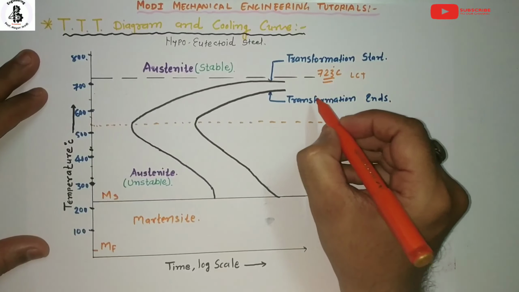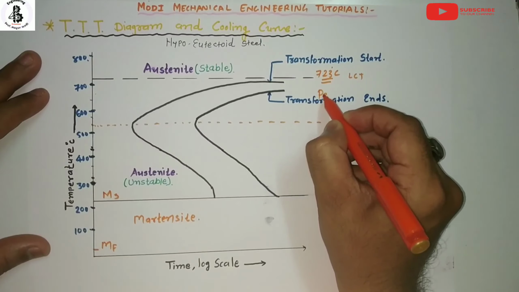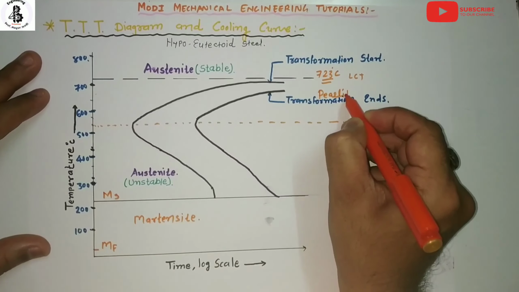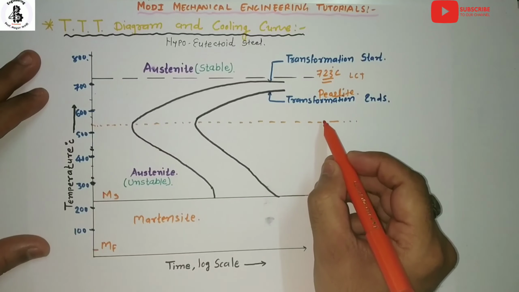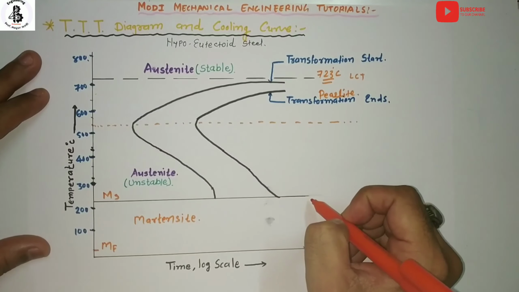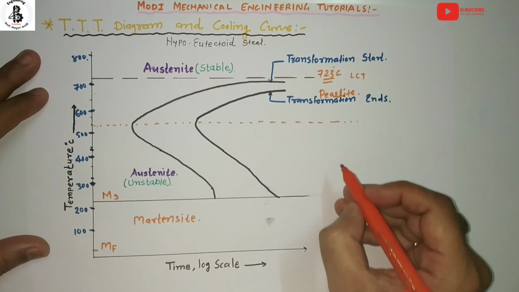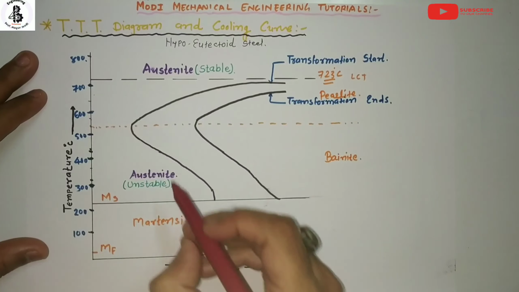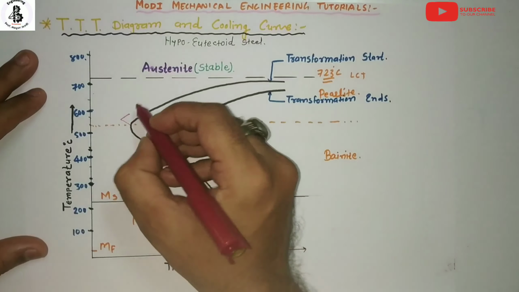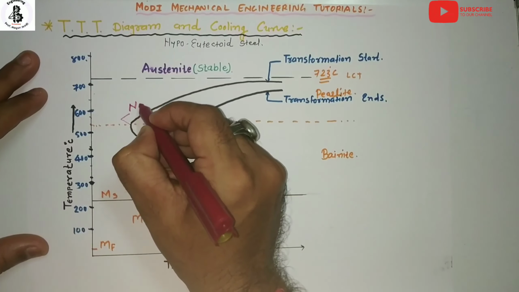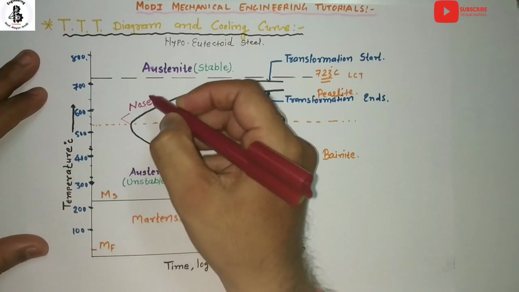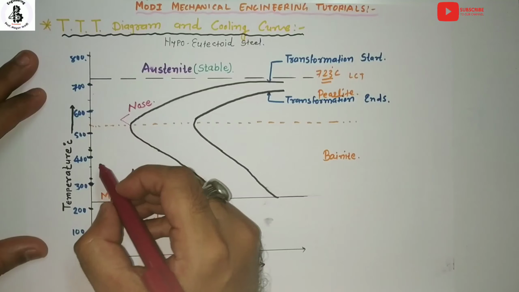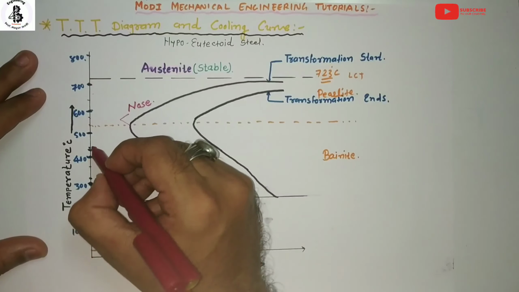That is the area of the pearlitic structure, or pearlite, and just above the martensite start line, that is the bainitic structure. These curves are known as the nose of the curve, and from this side it is the unstable austenite.